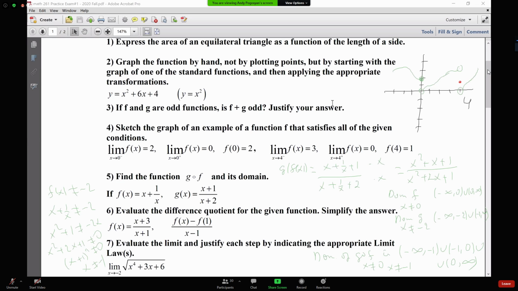Did you write the final answer for the domain? I can see that's it. The final answer below: domain of g of f is negative infinity to negative 1, union negative 1 to 0, union 0 to infinity. Could you circle it? Oh, it's the interval notation in the bottom right. Yeah. So this is your composition.